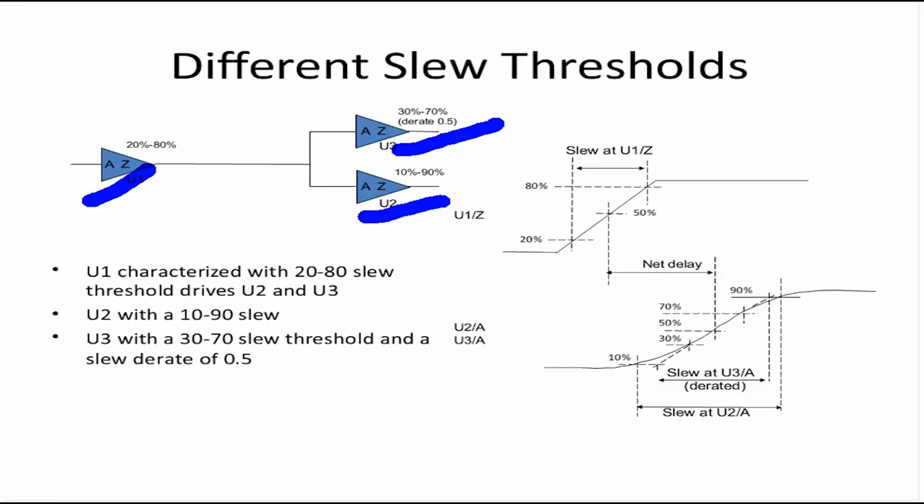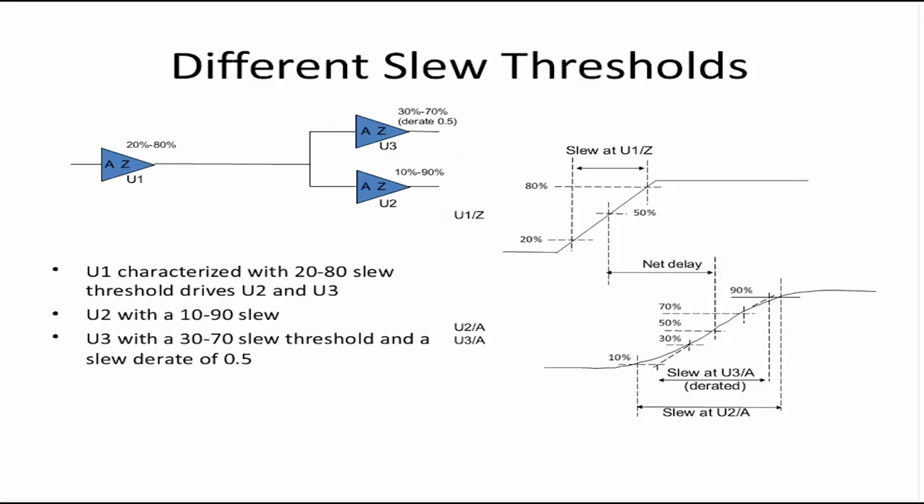For example, let's take this example. U1 is characterized with 20-80, U2 has 10-90, U3 has 30-70, and a slew derate of 0.5. Derate simply means that you multiply that factor by the slew value. Whatever slew value is calculated will be multiplied by 0.5. Now let's say this is the slew at Z. So the slew at U3/A and the slew at U2/A are calculated.